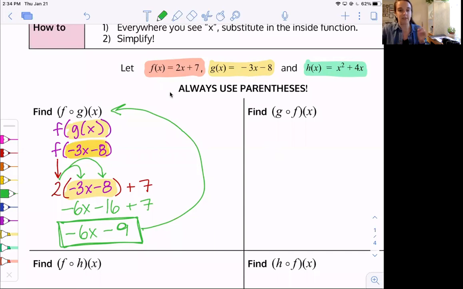After seeing this first example, how are we feeling about this topic? Go ahead and plug in that poll.